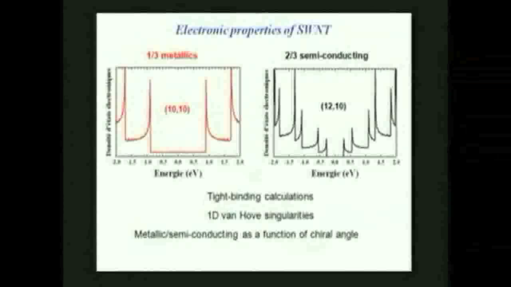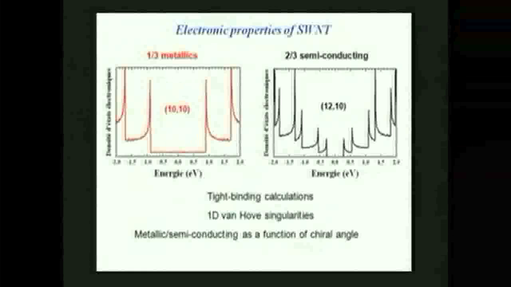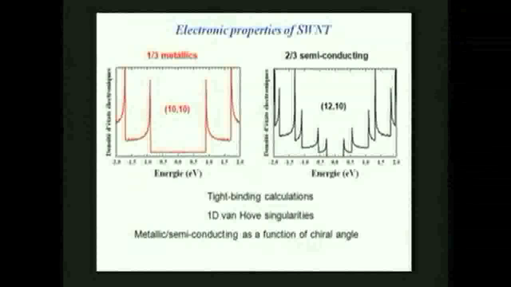So this is like a metal. And you see here that the (10,10) nanotube, the armchair nanotube, is a metal. So we will try to understand why, just by changing a very small thing, that is the chiral vector. From there to there, it's the same graphene sheet, but it's just not the same chiral vector.